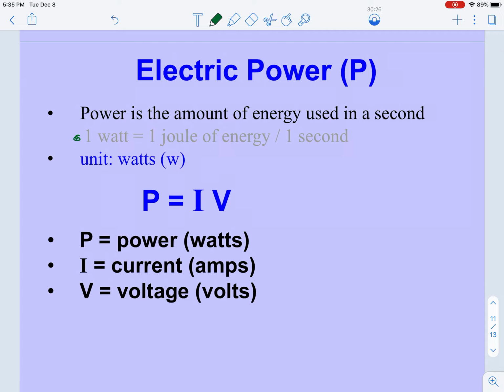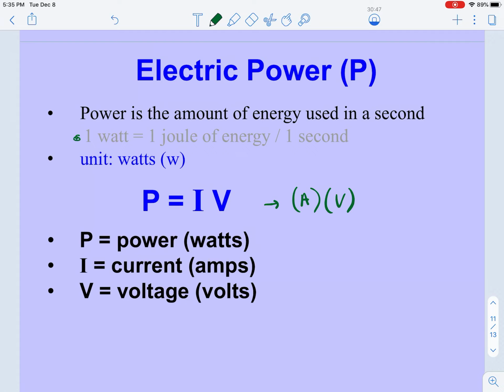So my formula here is P is equal to IV, where power is measured in watts. It says here in gray that a watt is joules of energy per second. If we do the algebra, I just want to show you real quick that it is indeed still a watt.